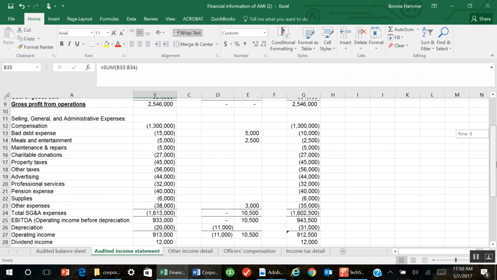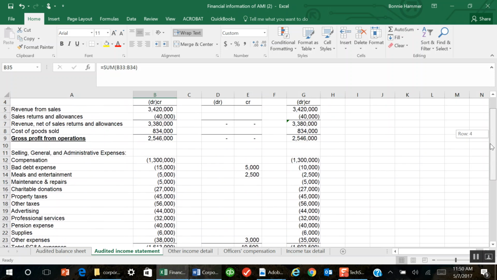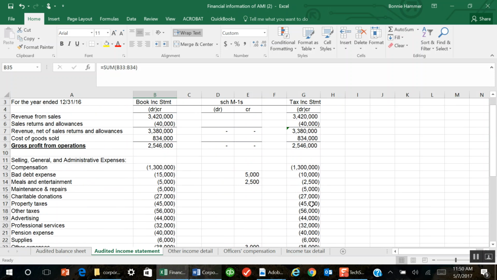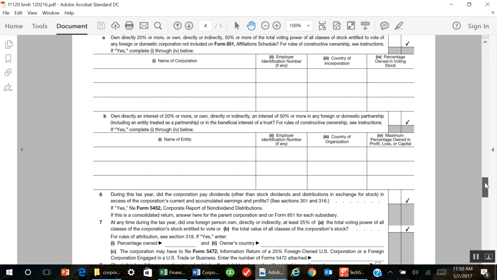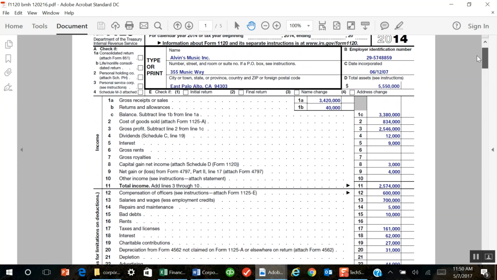Now, I would also do groupings here so that in the end, the format of this in column G, this tax income statement, it would actually be in the same order and format as my tax return, page 1.